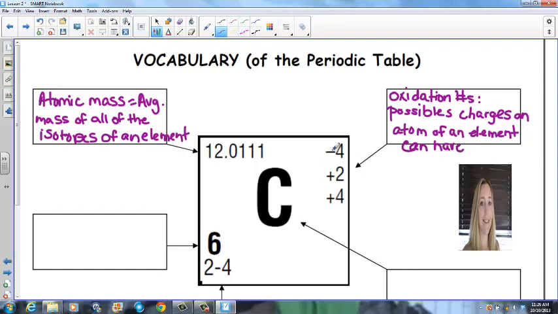This is more important for bonding. Okay, so a carbon atom can be a -4 charge, a +2 charge, and a +4, and we will understand what that means in a little bit when we talk about electrons and the movement of electrons.